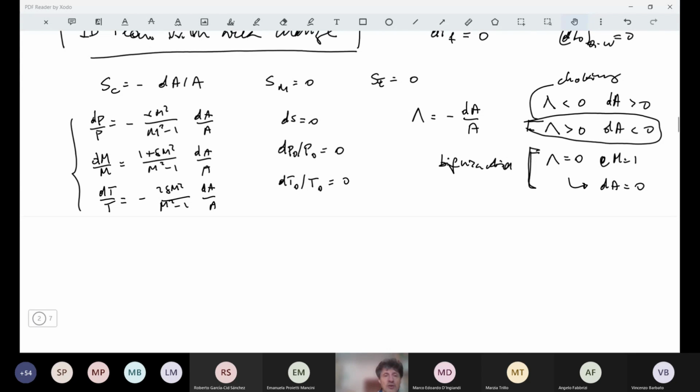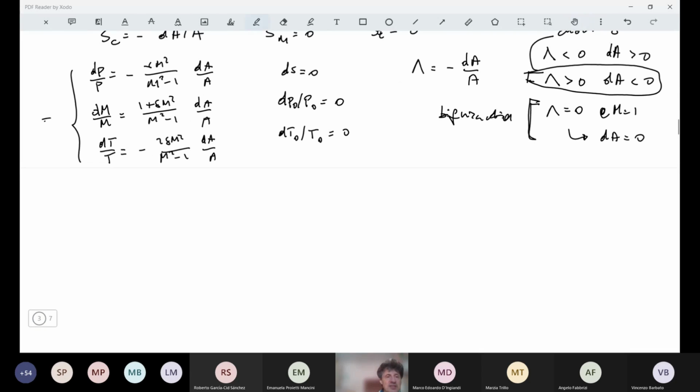We can also make the integration of the second equation of Mach number. We can do the integration by separation of variables, and we can say that between points 1 and 2, the integral of dA over A, I separate variables, should be equal to the integral between points 1 and 2 of M squared minus 1 over 1 plus delta M squared, dM over M. So I can reduce it in a way that I can integrate as a function of the Mach number, and the way of doing this is the following.